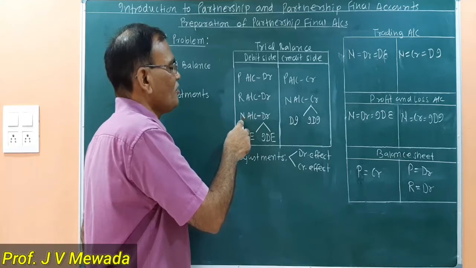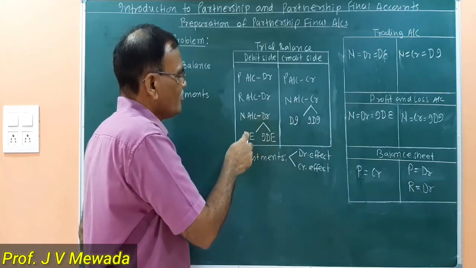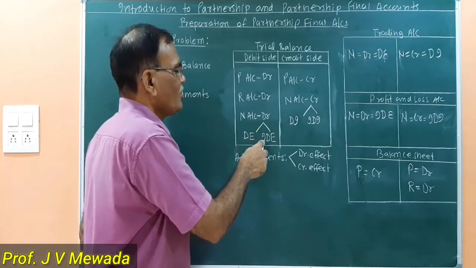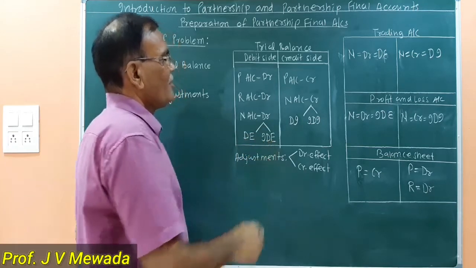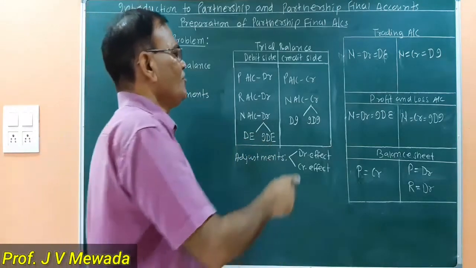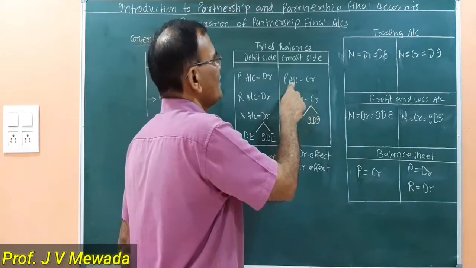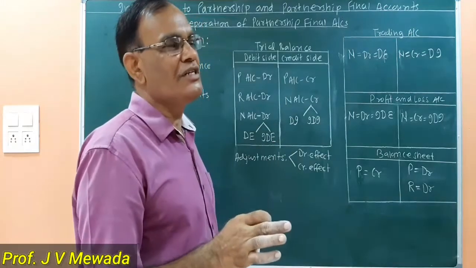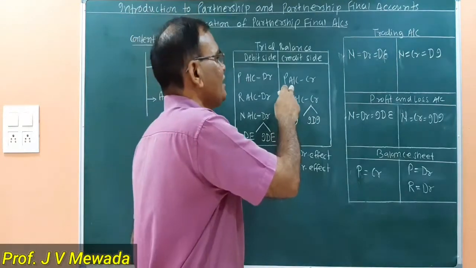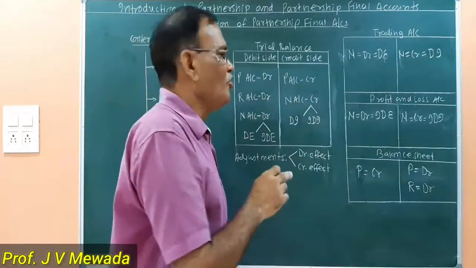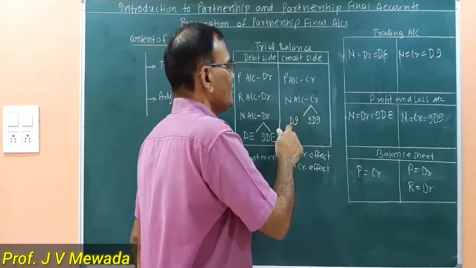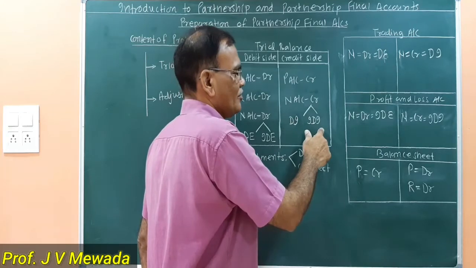So whenever we have nominal account, debit balance, we have expenses. So that expenses may be direct expense or indirect expense. On the credit side, we have credit balances. So personal account credit balance. The real account does not have any credit balance, so it never appears on the credit side of trial balance. And nominal account credit balance, again we have two classifications: direct income and indirect income.